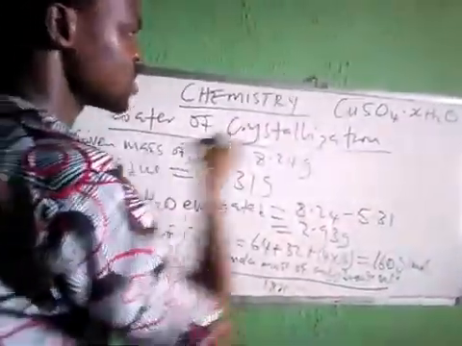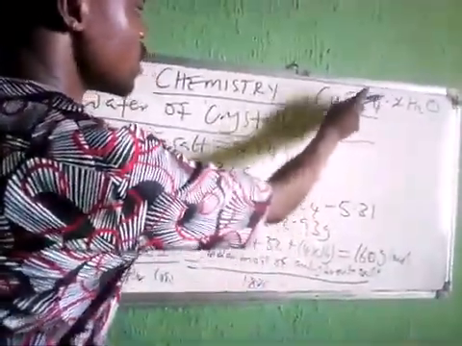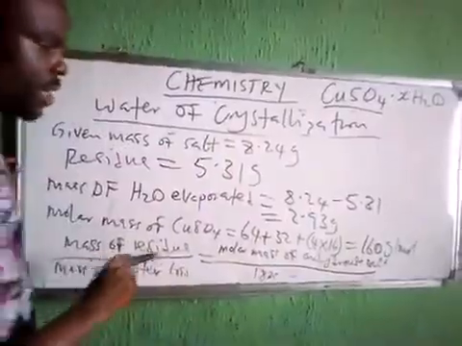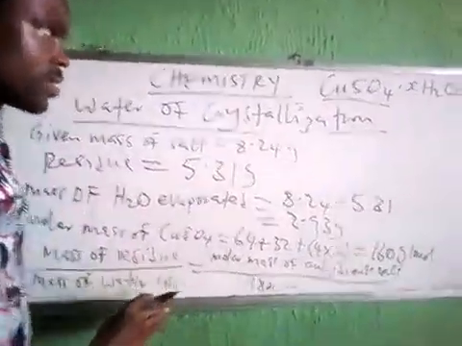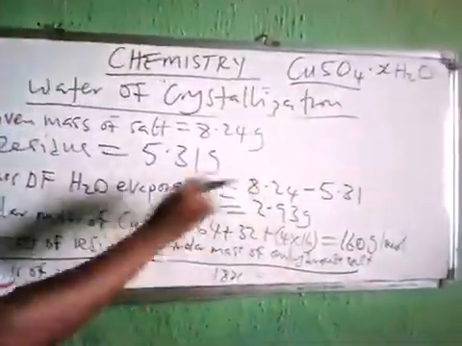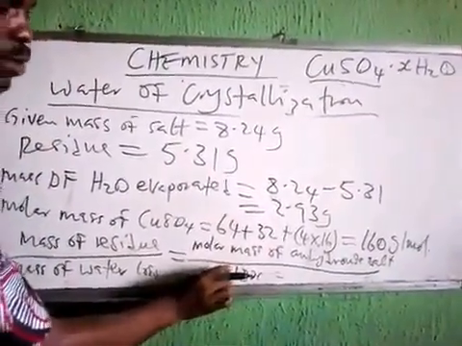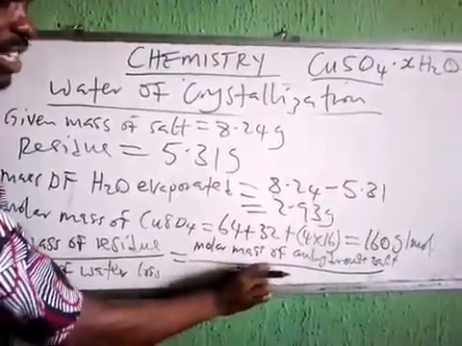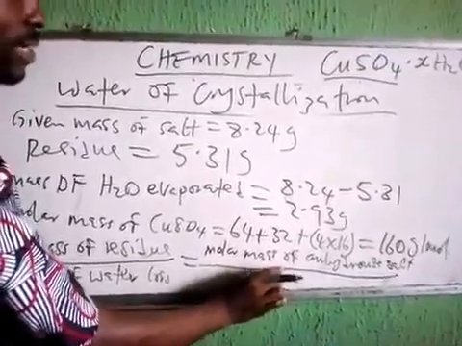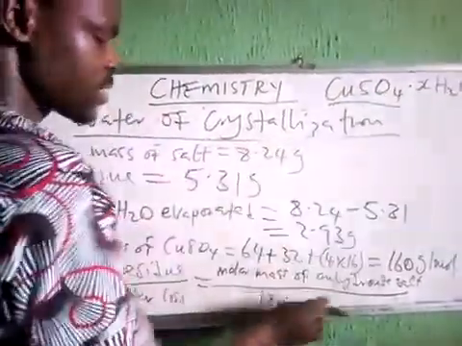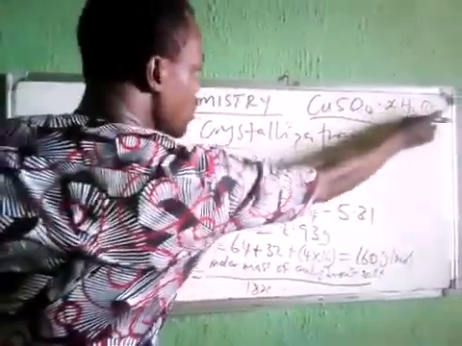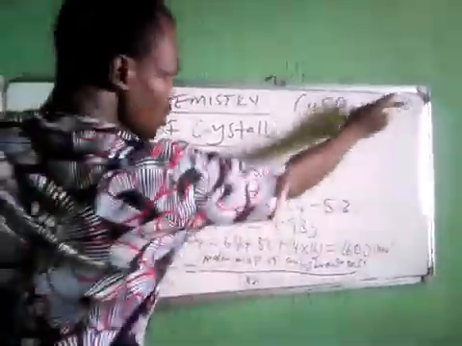The anhydrous salt is only this, CuSO4, without the water. That's what I mean by the molar mass of the anhydrous salt. Then this 18 is the mass of one molecule of water, and x is what they're asking you to look for.